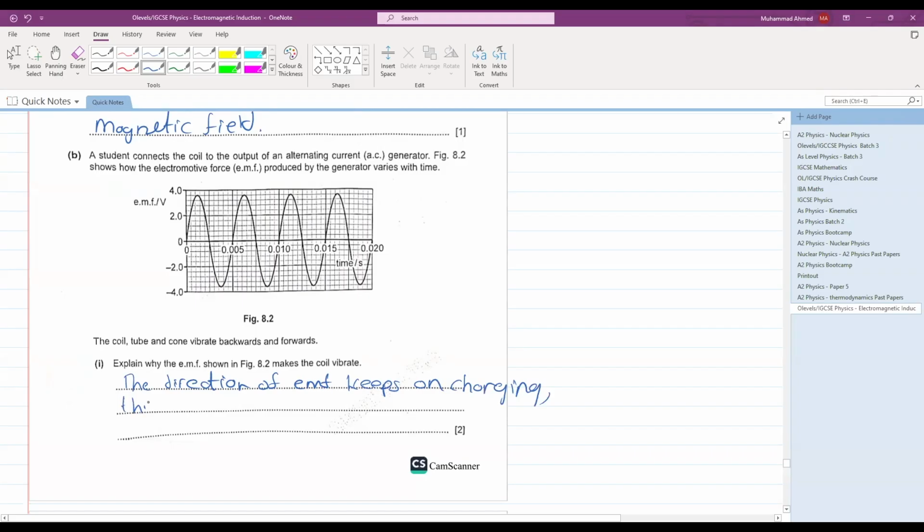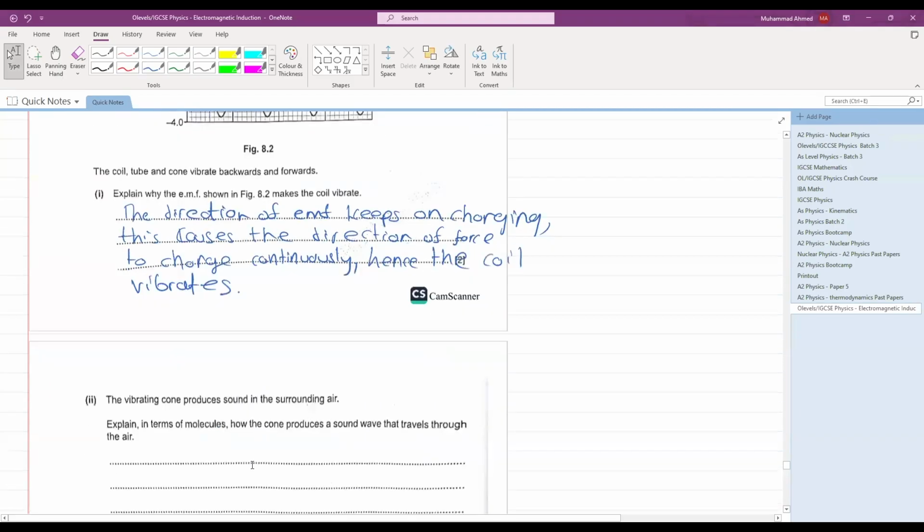This causes the direction of force to change continuously. Hence the coil vibrates. Let's further move ahead.